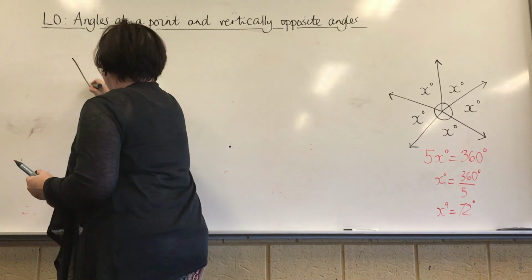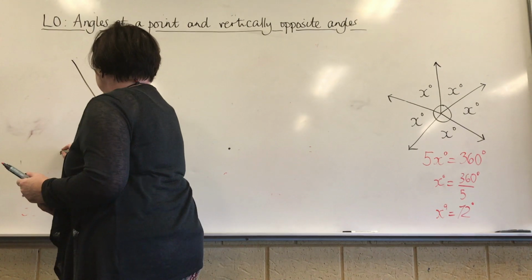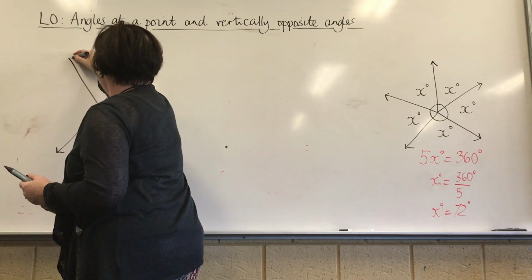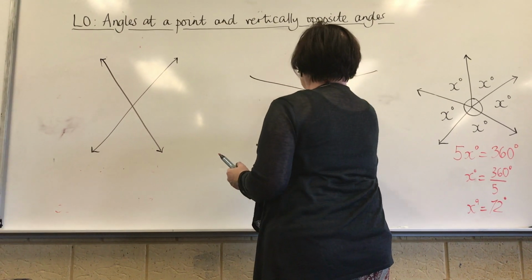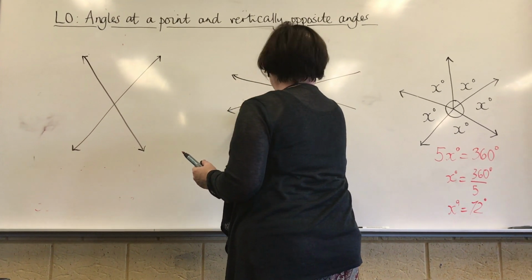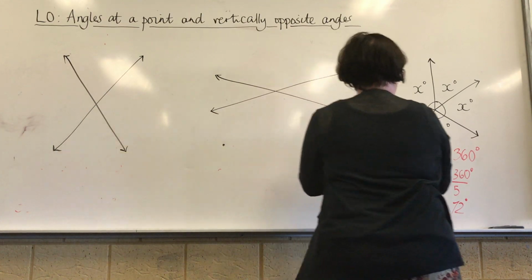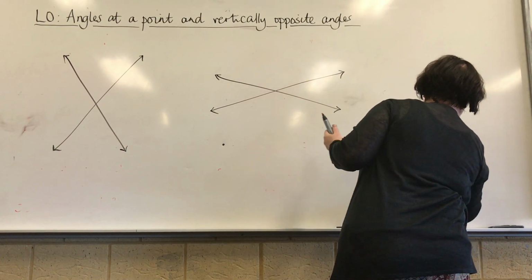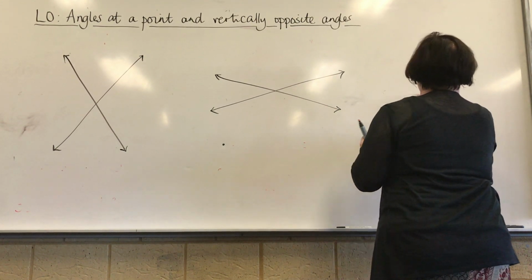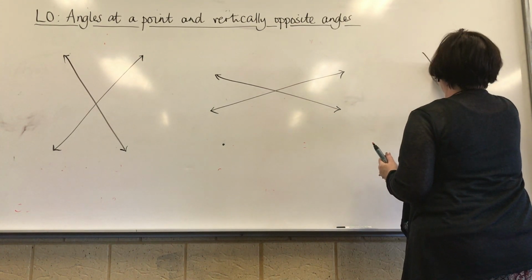So you've got an X like that. Okay, we'll have one like this, a narrow one. And then another big one like this.